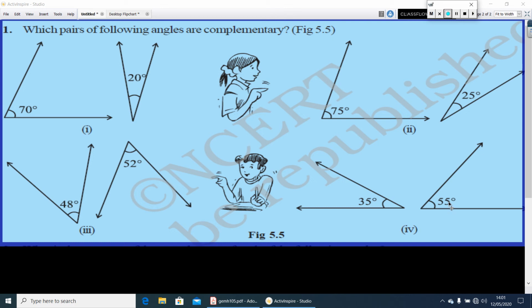Do write. If it is complement, you can write. You add 70 plus 20, you will get 90. So you can say this pair of angles is complementary. If it is not, you can write not complementary.